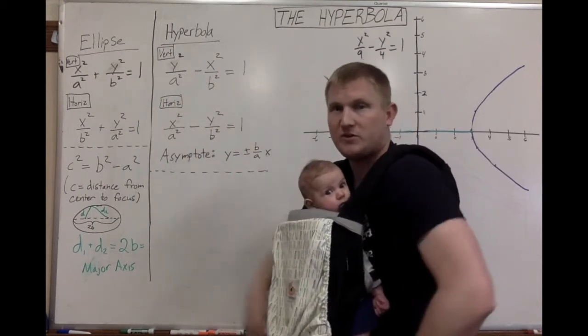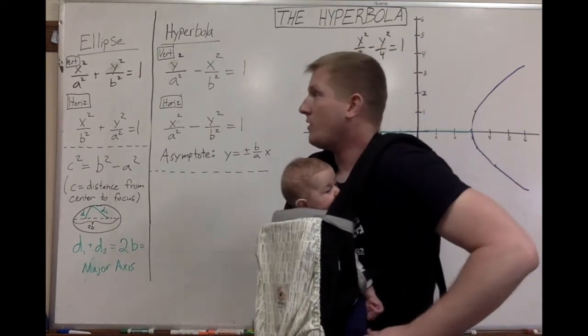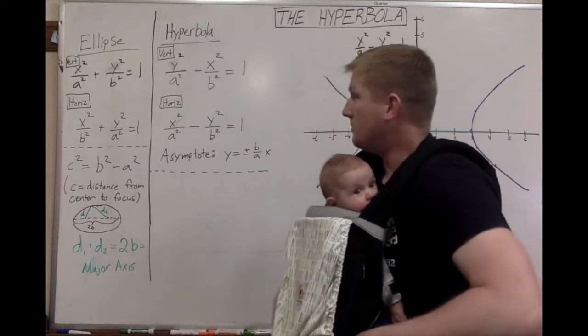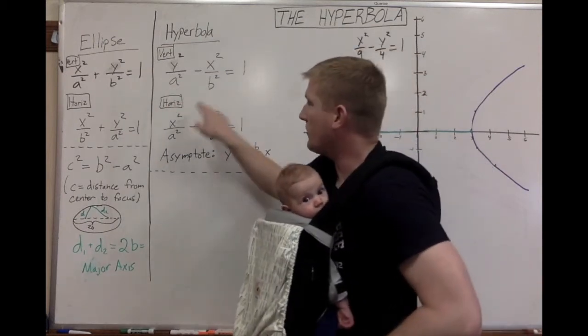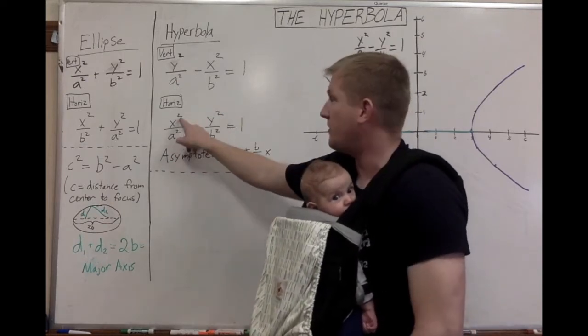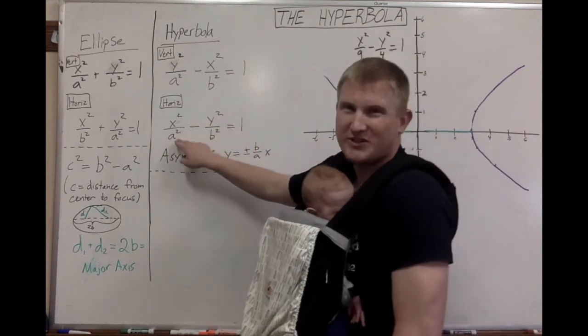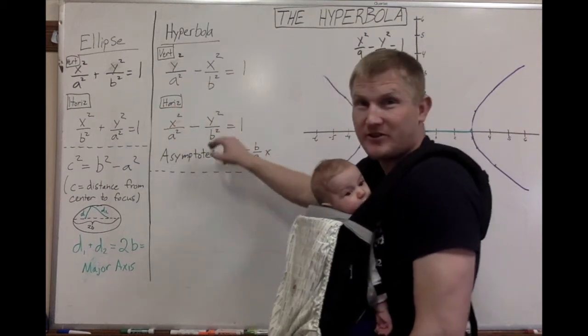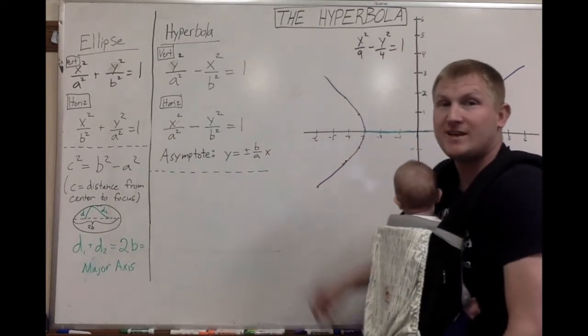All right, so I'm just going to give you those two general equations. So again, b is not necessarily bigger than a, but I did keep this ordering consistent, that the a squared term is under the x squared term, and the b squared term is under y squared. The a squared term is under the first term, and b squared is under the second term, so that we can generalize our equation for the asymptotes.